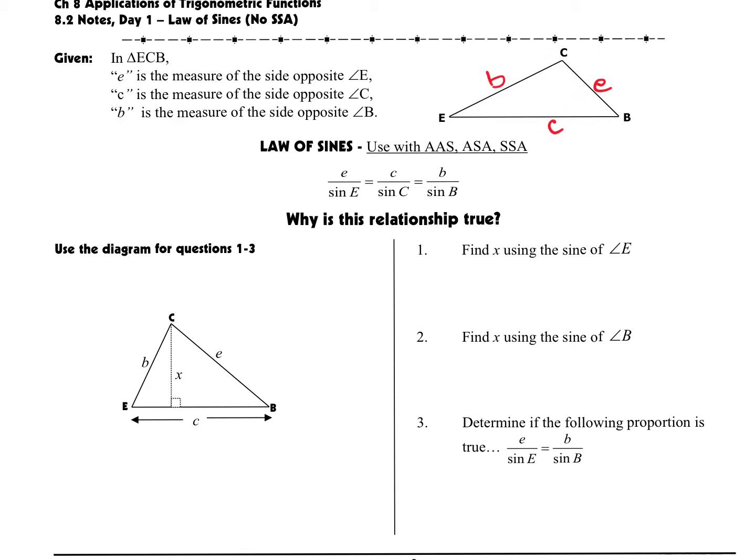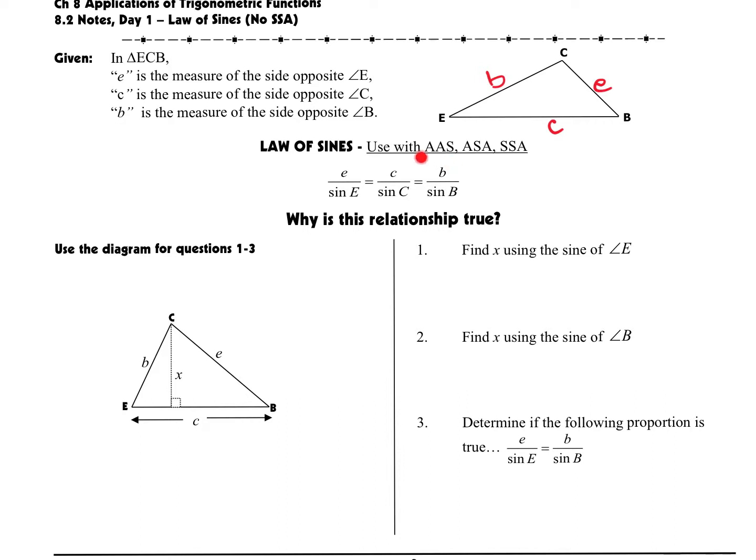Now, here's what the law of sines tells us, and we'll look at the proof quickly in a moment. Within a single triangle, it doesn't move between separate triangles, but within a single triangle, the relationship between a side length and the sine of the angle across from it will remain consistent throughout the triangle.